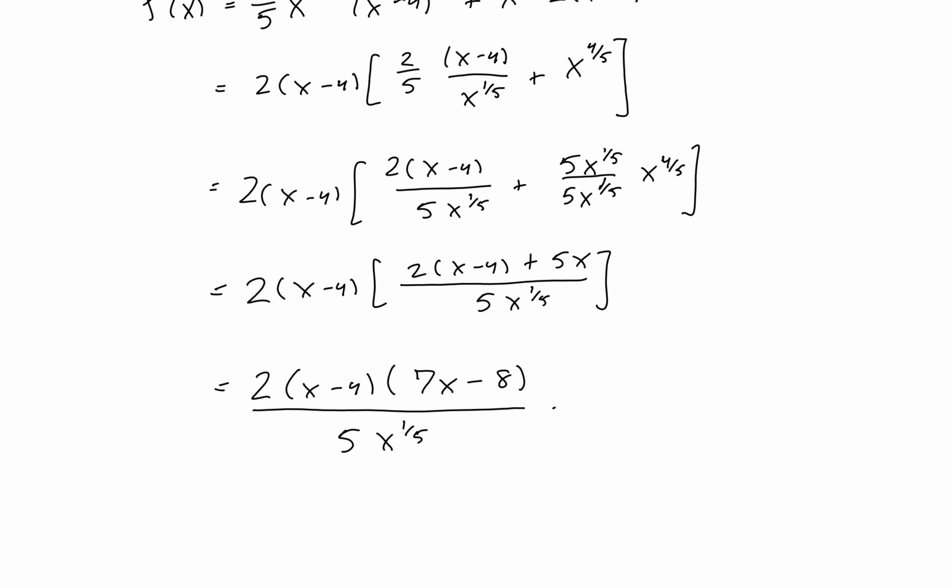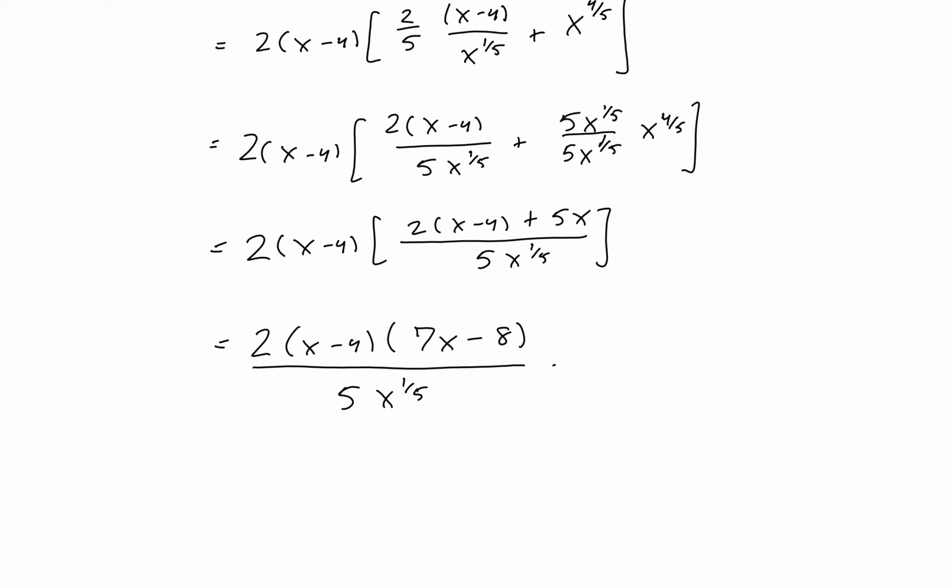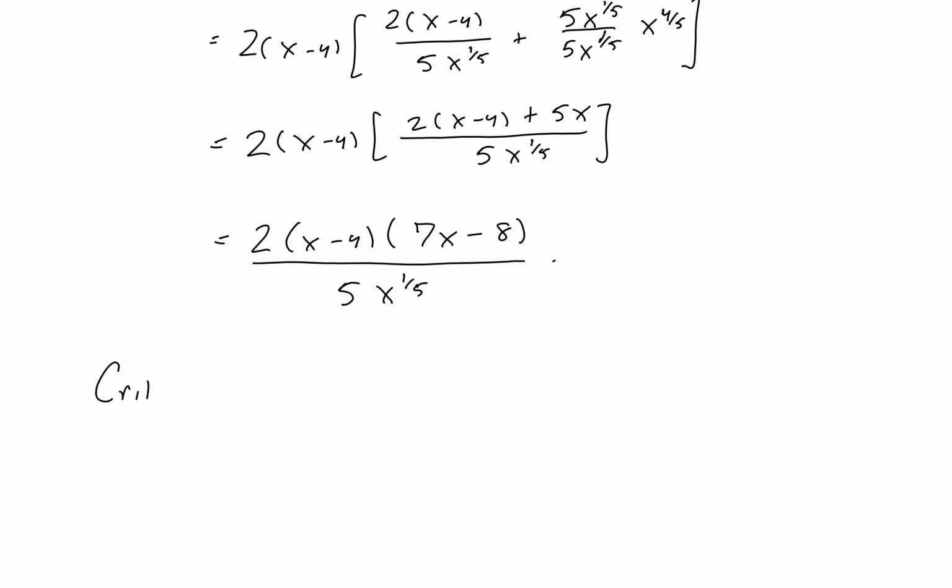Now, we do have a place where this is undefined. So the critical numbers here are, well, when x is equal to 0, the denominator is undefined. And then if x is equal to 8/7, we get a 0. And when x is equal to 4, we get a 0. So those are our critical numbers.